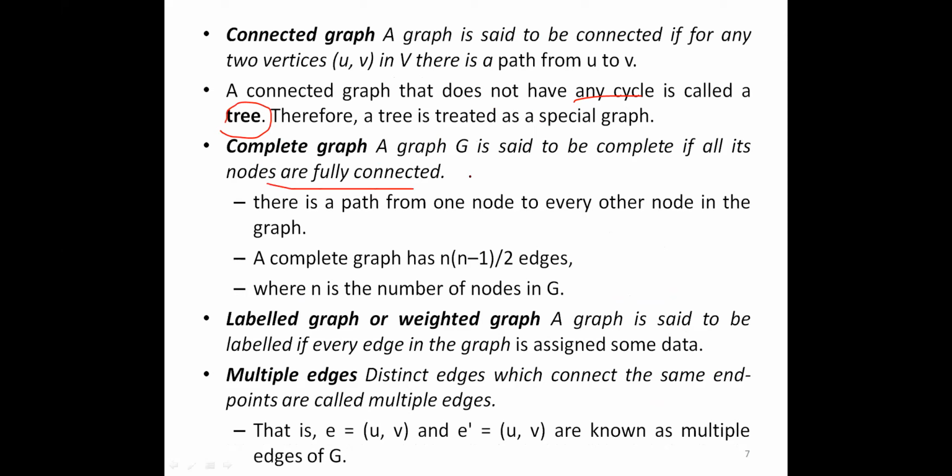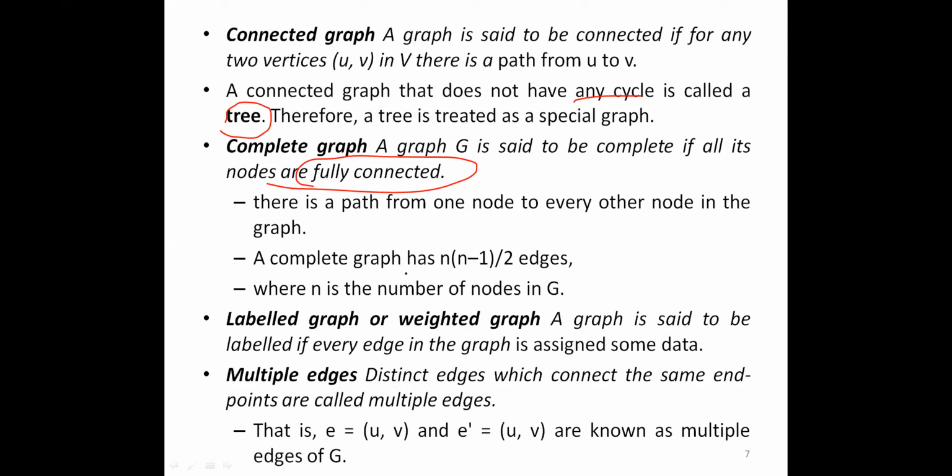So there will be a path from one node to any other node. For example, having 10 cities in a particular state, all the 10 cities will be connected in every direction, right? From one city, you can connect to all other remaining 9 cities.